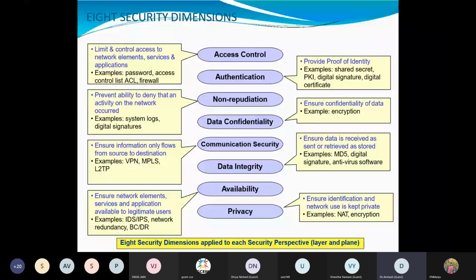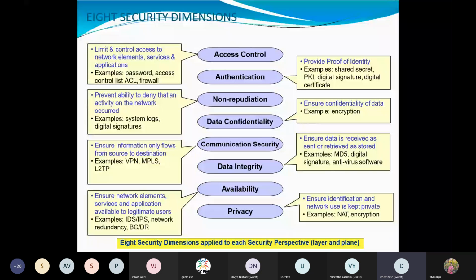There are some algorithms, like MD5, which ensure the data is received as it is sent, or retrieved as it is sent. The next process is the availability process. Availability means it ensures the network elements, the services and the applications are available to legitimate users.